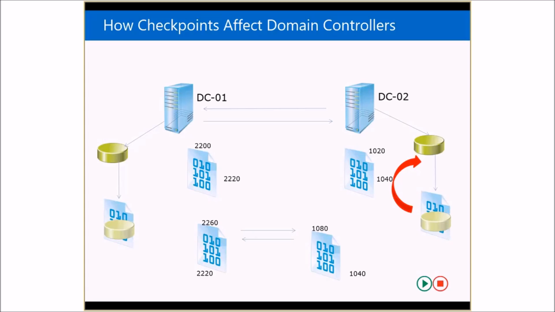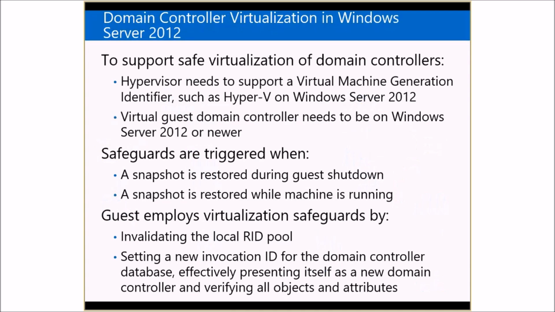But having said that, in the Server 2016 Hyper-V, they've actually addressed this quite a bit, and it's a little bit safer because now they have what's called virtual machine generations, which helps identify it. So we'll talk about it in a second.